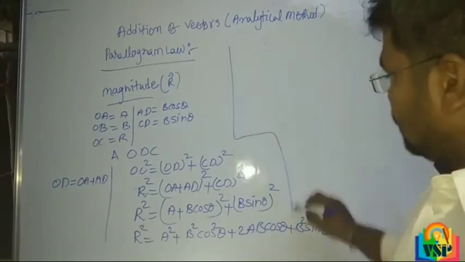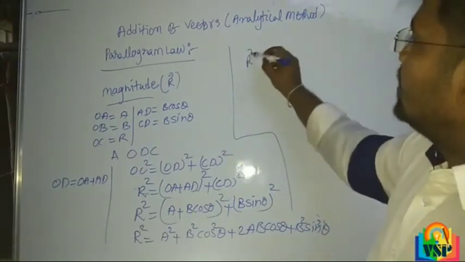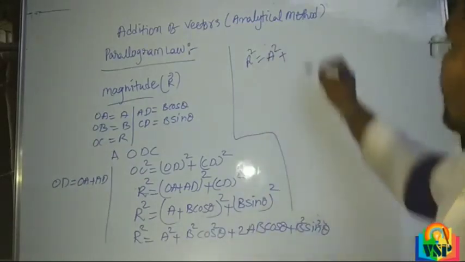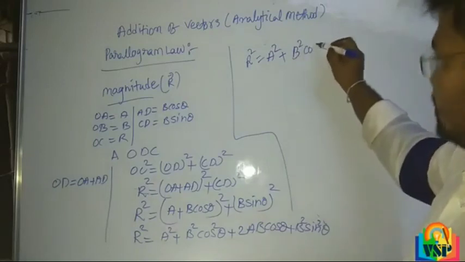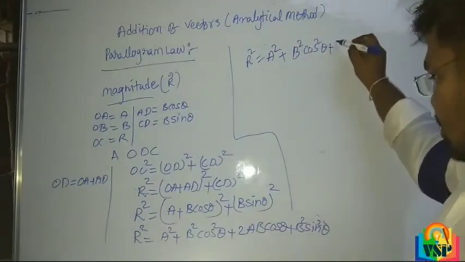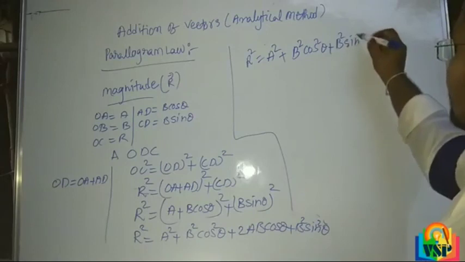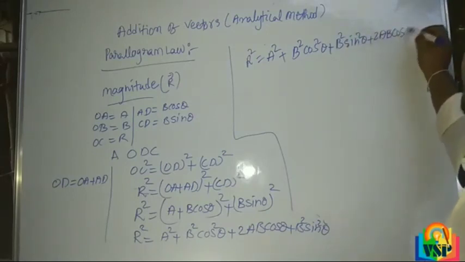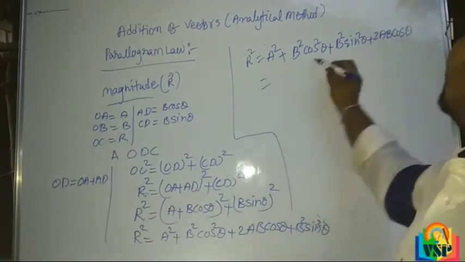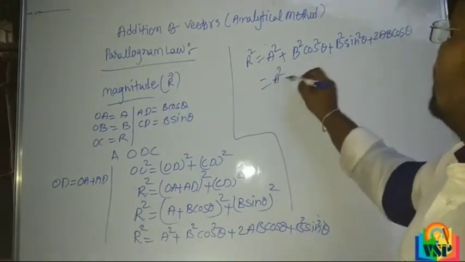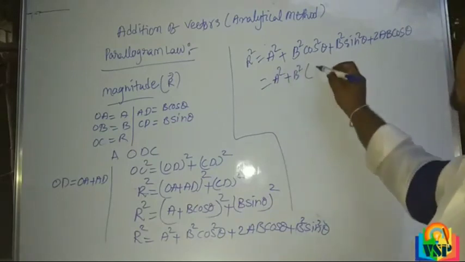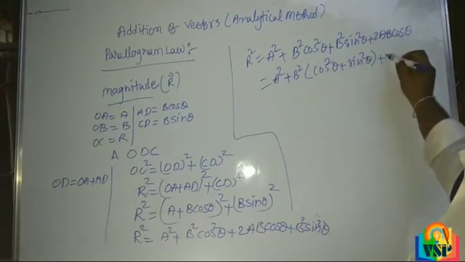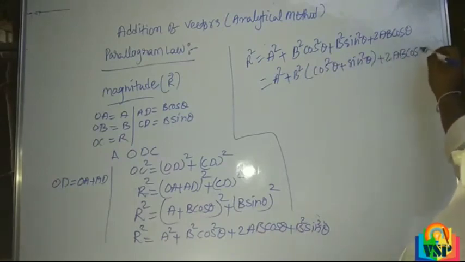Then R square is equal to A square plus B square cos square theta plus B square sin square theta plus 2AB cos theta. Here B square is common: A square plus B square into cos square theta plus sin square theta, plus 2AB cos theta.